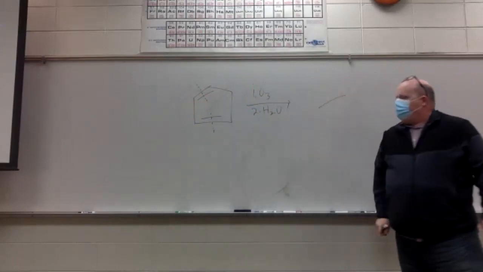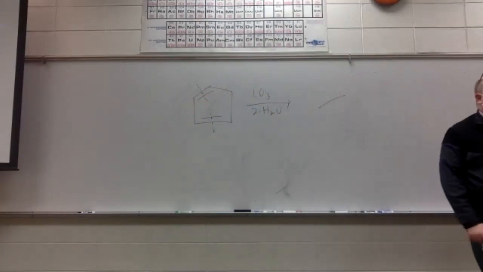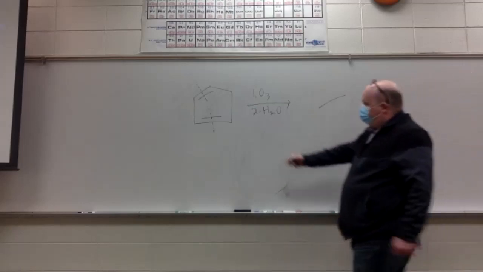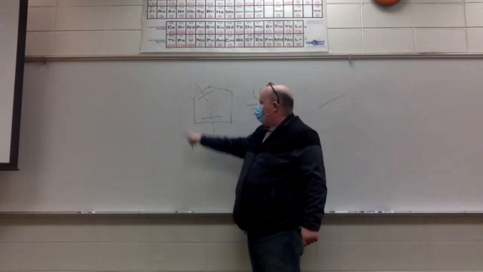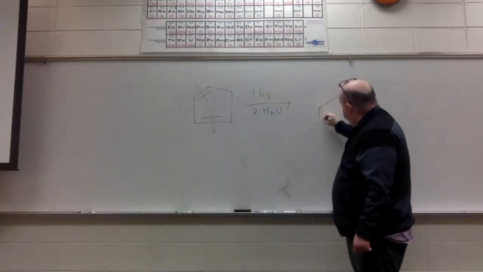All right? What do you think this 2 carbon fragment would look like after it's oxidized? Follow the rules that we've been given. Yeah. This used to be part of a carbon-carbon double bond. This used to be part of a carbon-carbon double bond. They both get carbonyls.